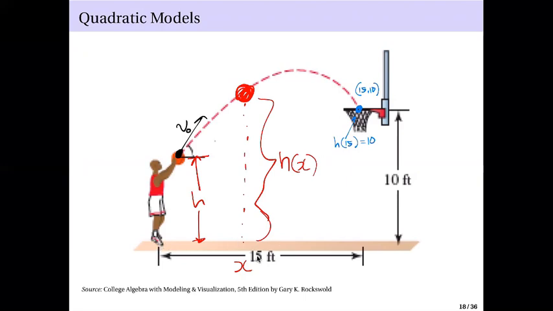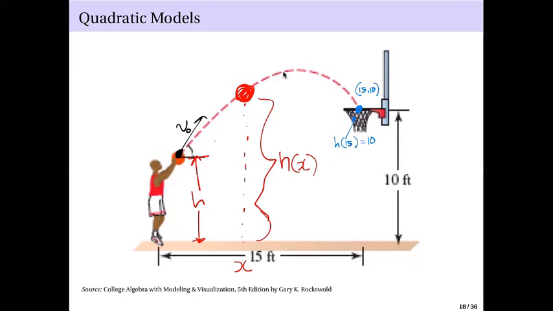If we divide this into 5 parts, you have 3, 6, 9, 12. So maybe it's at this point. Your x equals 9. So you want to get the height here. Okay?